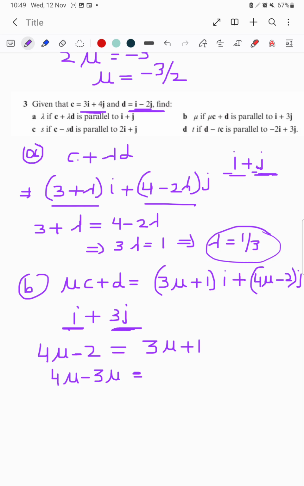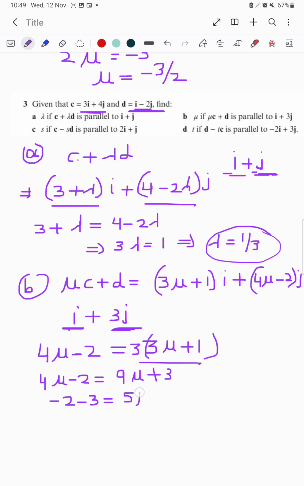We have to use this part, that the j component is 3 times this one. So 4 mu minus 2 is equal to 9 mu plus 3. So 4 mu minus 2 minus 3 is equal to 9 mu minus 4 mu, which is 5 mu. So 5 mu is equal to negative 5, and that gives me mu is equal to negative 1.